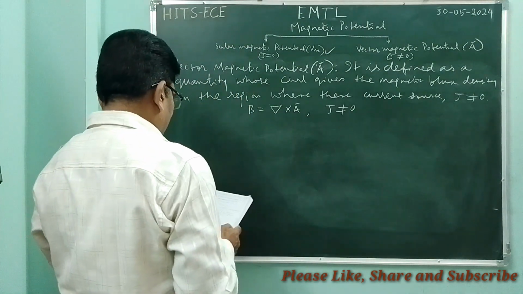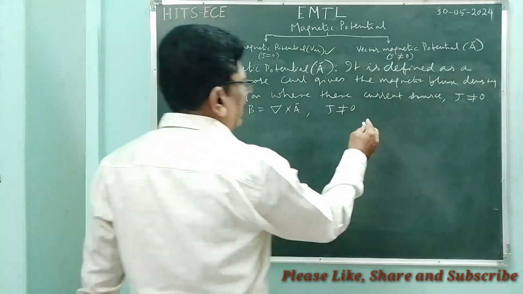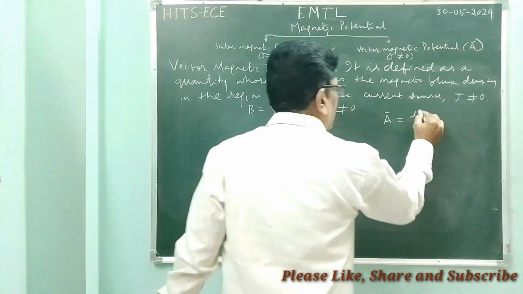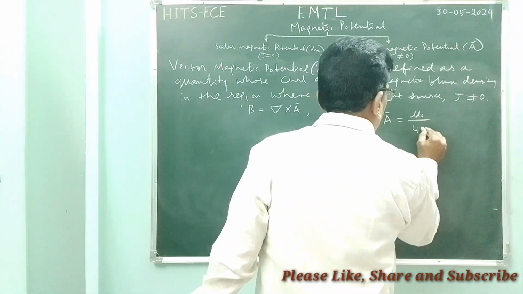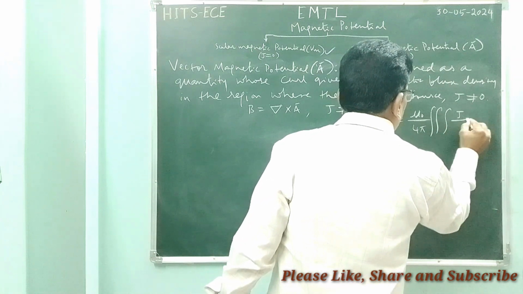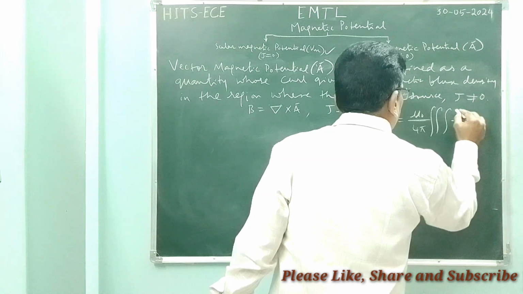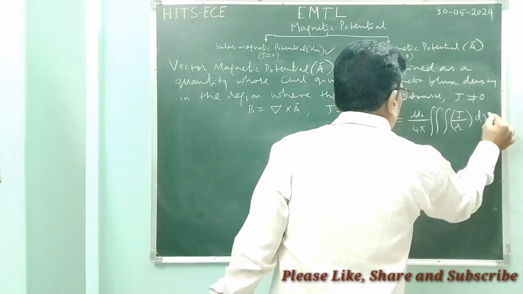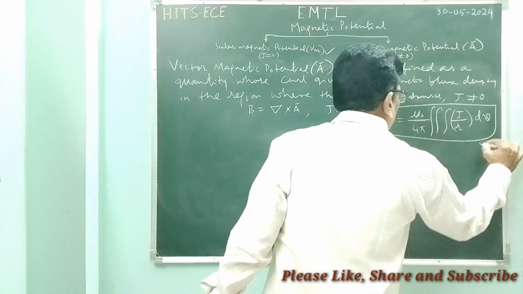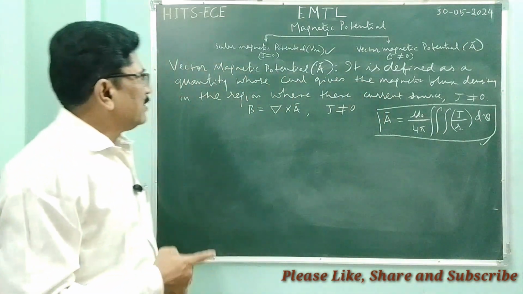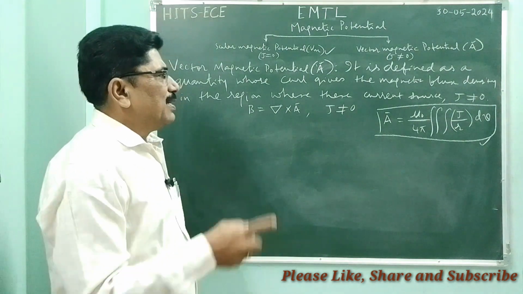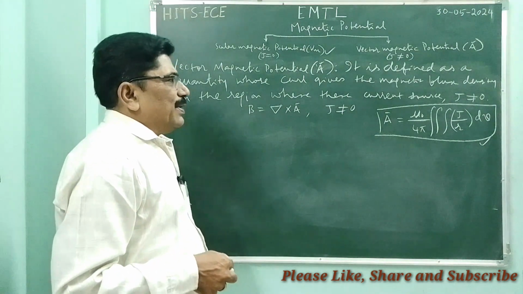It is expressed as A is equal to mu 0 by 4 pi volume integral J by R dV.